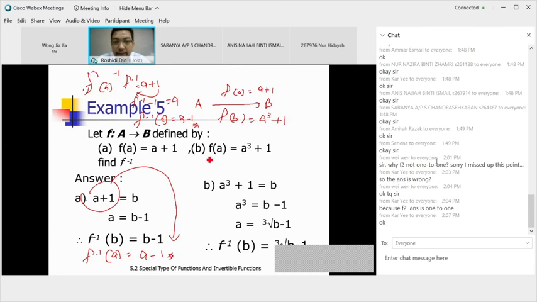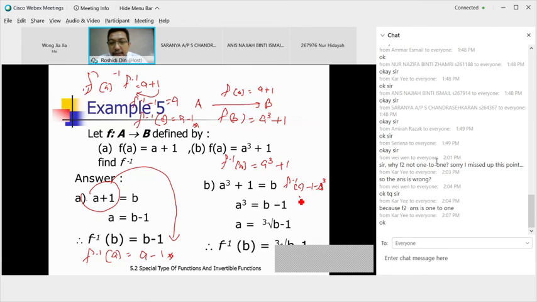Now for this one, the invertible function of A to the power of 3 plus 1, it will be F inverse minus 1 equal to A to the power of 3.